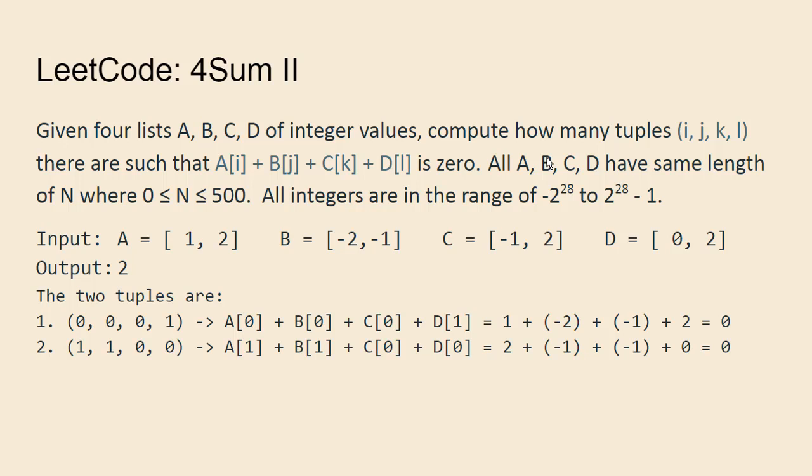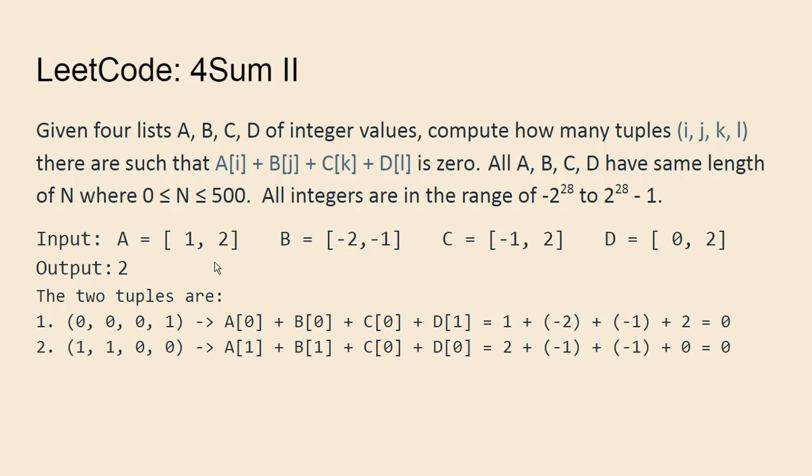Here is an example. We have 4 arrays of size 2, so each of A, B, C, D has 2 numbers, and we need to decide how many ways we can choose their indices so that the corresponding sum is 0. The answer is 2. There are 2 ways to choose it. We can choose 1 here, negative 2 here, negative 1 here, and 2 here.